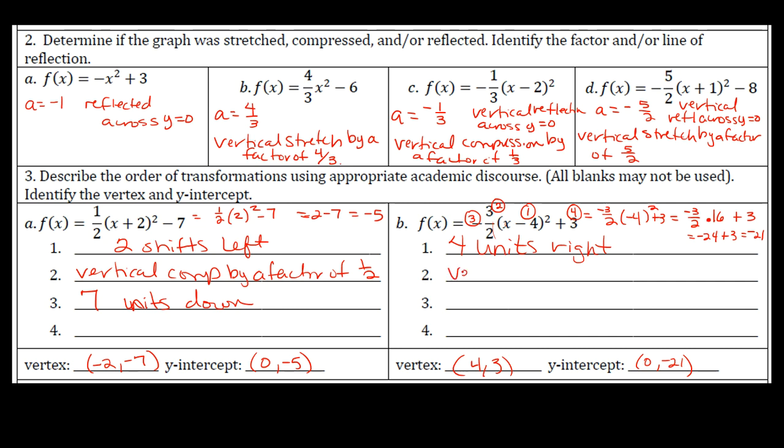So this is a vertical stretch by a factor of 4/3. Then let's talk about the reflection. This is a vertical reflection across y equals 0. And then we went up, so 3 units up.